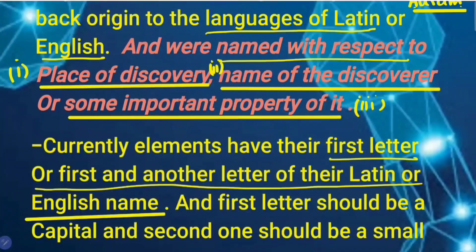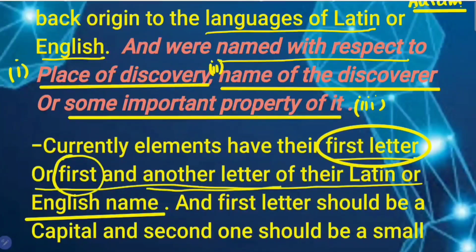So what does this mean? Either you have to use the first letter of the element, or if it is already used, in that case we have to use the first letter combined with any other convenient letter of their Latin or English name.